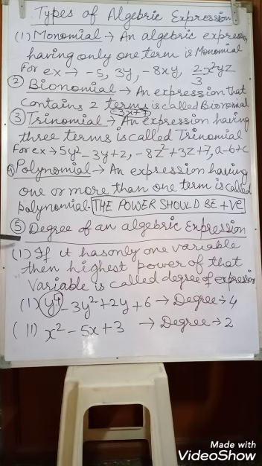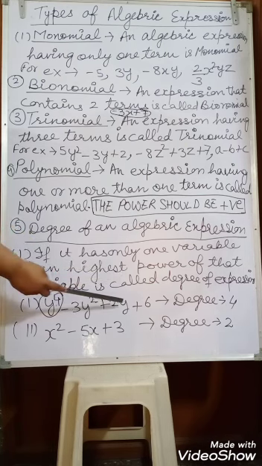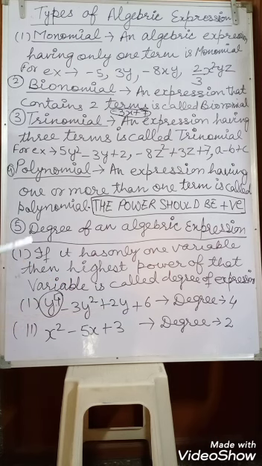Then the next very important topic is degree of an expression. Class, if it has only one variable, then the highest power will be considered as the degree of the expression. Now just see, y raised to power 4 minus 3y square plus 2y plus 6. It has one variable, y.